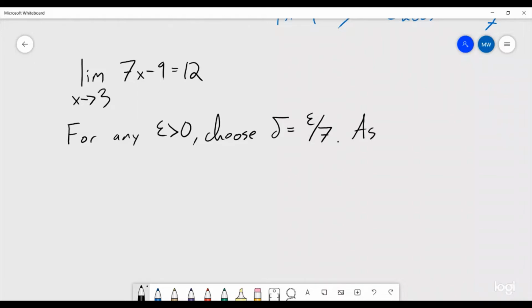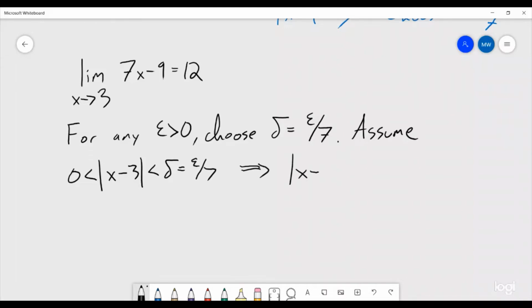So we would then say, assume that 0 is less than the absolute value of x minus 3 is less than delta equals epsilon over 7. So this tells us the absolute value of x minus 3 is less than epsilon over 7, which tells us that 7 times the absolute value of x minus 3 is less than epsilon.